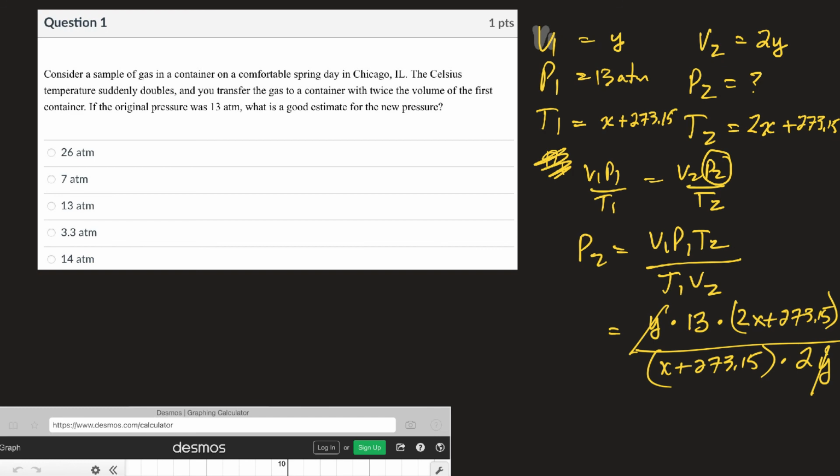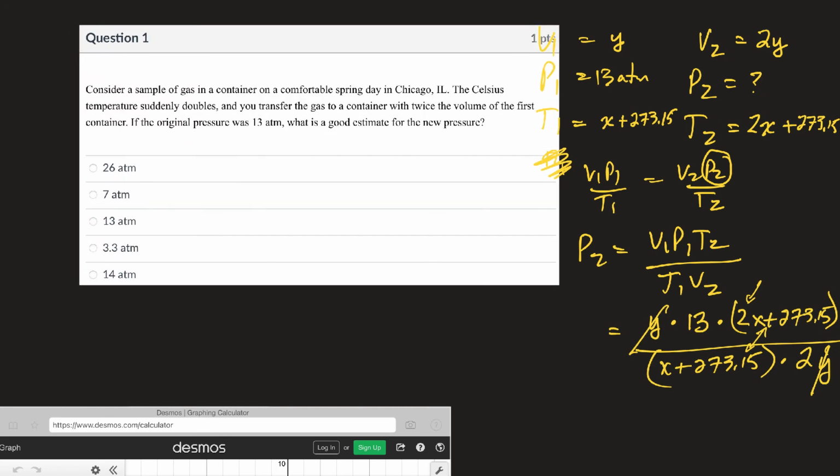I'm just trying to see. These things here are going to be fairly similar, but doubling the temperature might increase it a little bit. I'm not sure how much it would increase it by. But then you divide that by 2. So for a good guesstimate, I'm adding a little bit more here, so it should go up a little bit from 13.